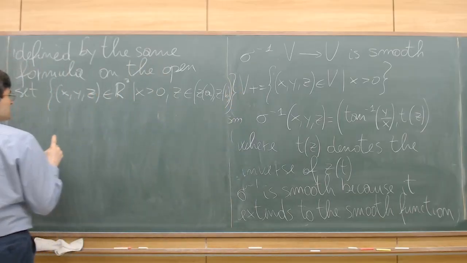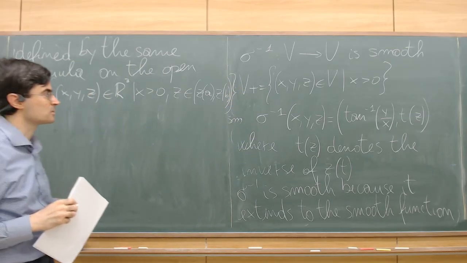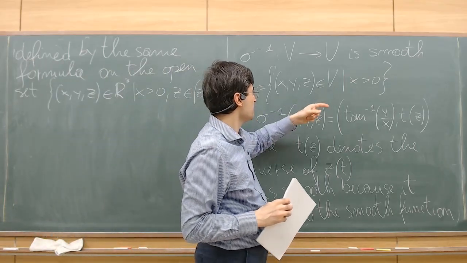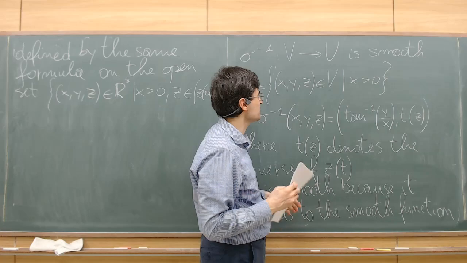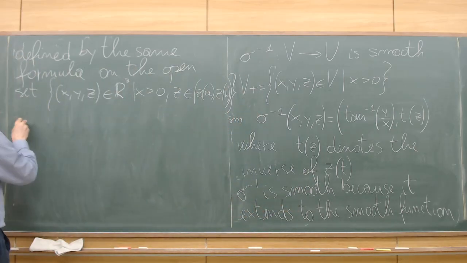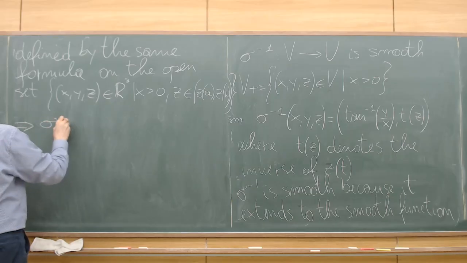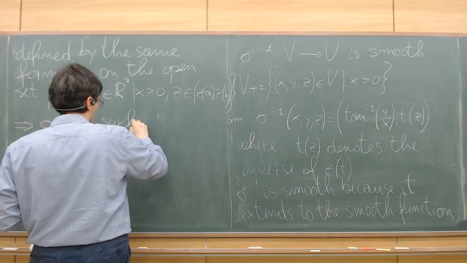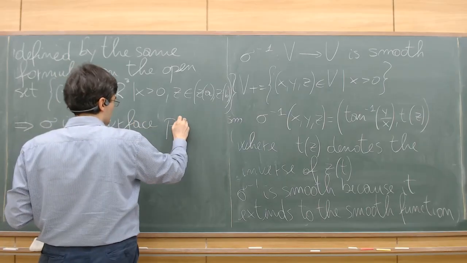The smoothness of sigma inverse on other points of V is left as an exercise for you. So this implies that sigma is a surface patch.